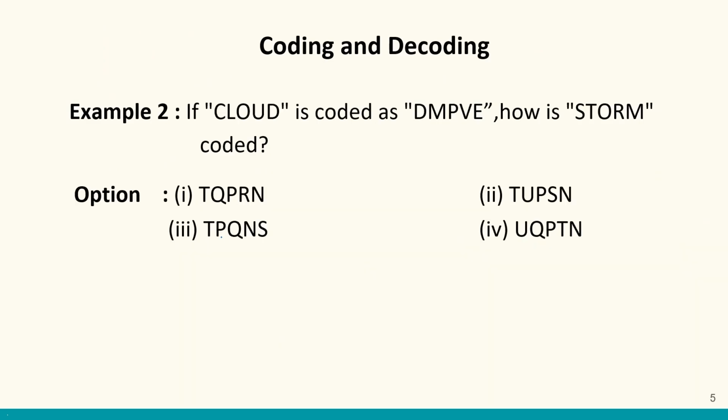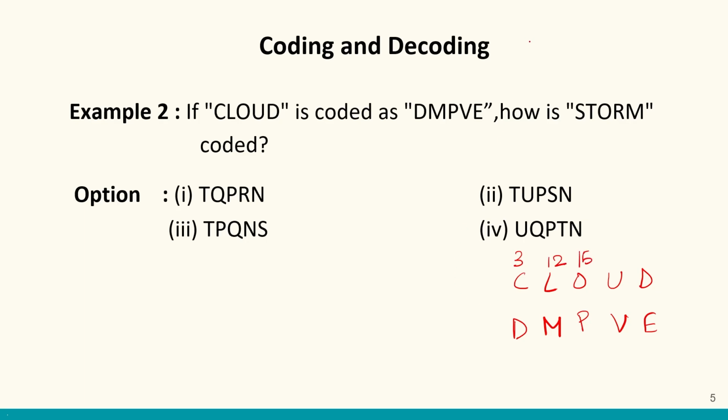In this question, cloud is coded as this, and we have to find out how storm is coded. So let us check for cloud. CLOUD is coded as DMPVE. So C is 3, L is 12, O is 15.